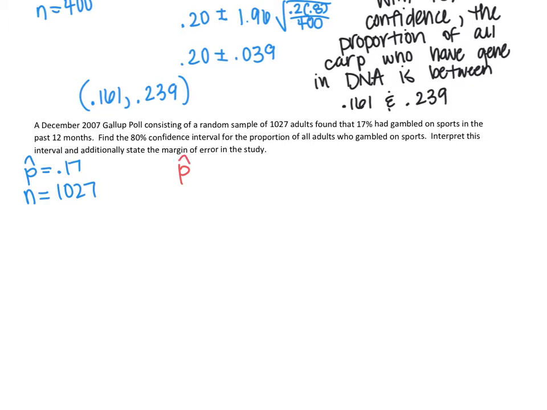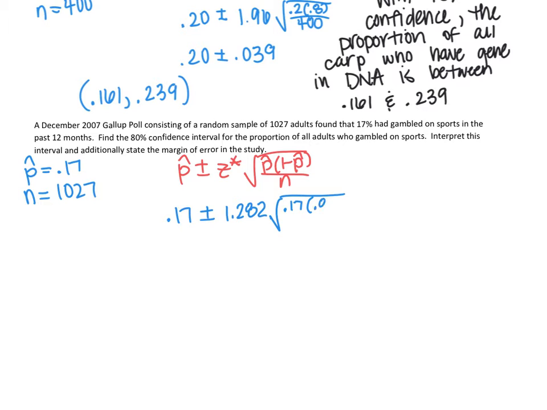And our confidence interval formula. So we'll have 0.17 plus or minus, and then going to our table, going to 80% for our confidence interval and looking at our critical score, we have 1.282, and we'll have 0.17 times 0.83 over 1,027 underneath our square root.